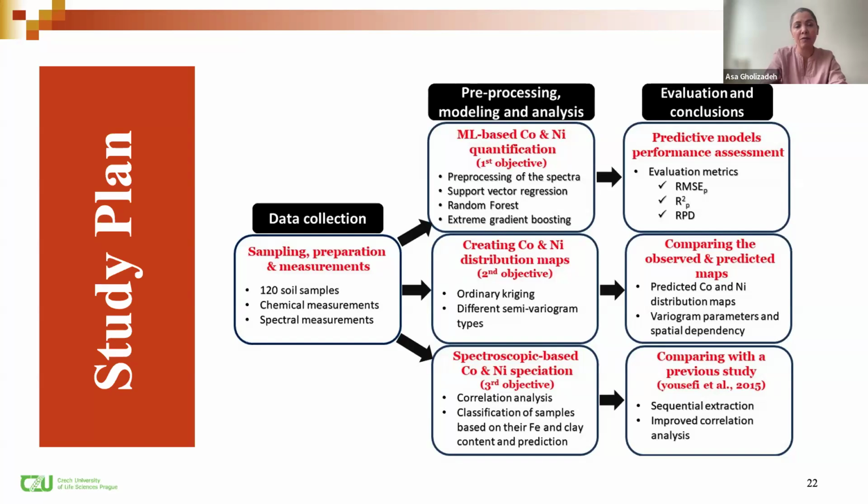Then cobalt and nickel distribution maps were created, and the predicted maps were compared with the observed map, which was produced based on the laboratory data. And finally, a spectroscopic based assessment of cobalt and nickel speciation was conducted, which was compared with a previous study, which assessed this speciation using some conventional methods.